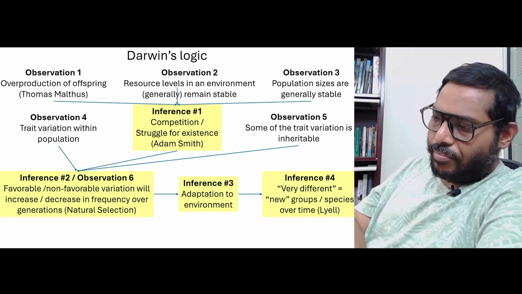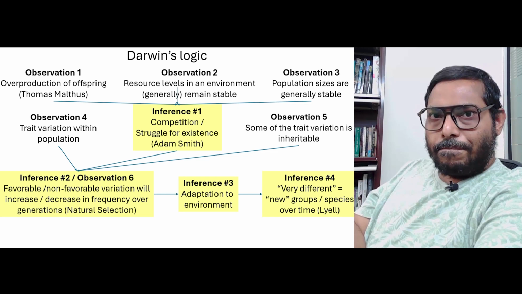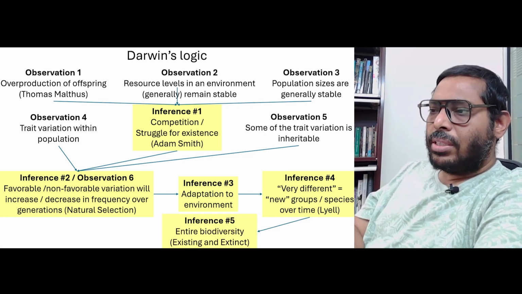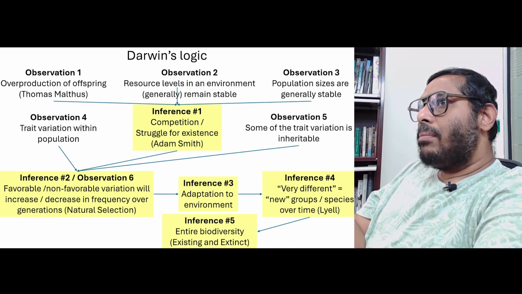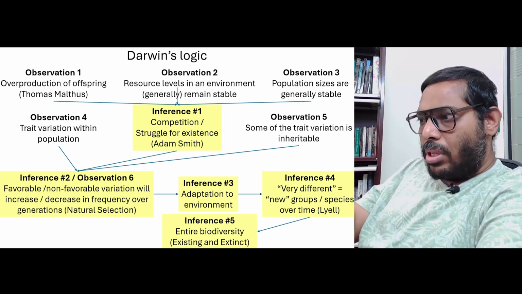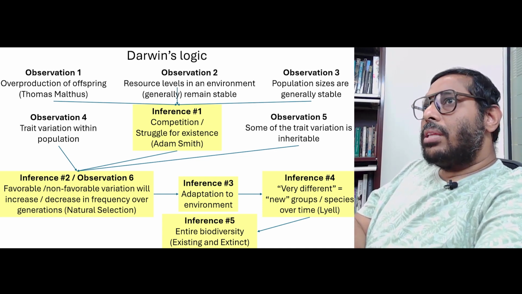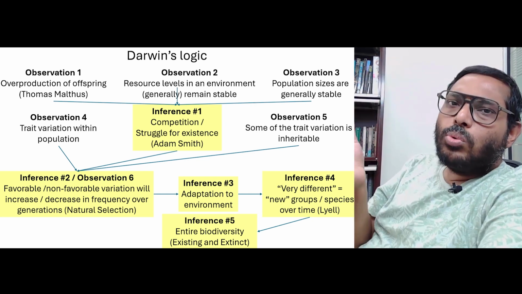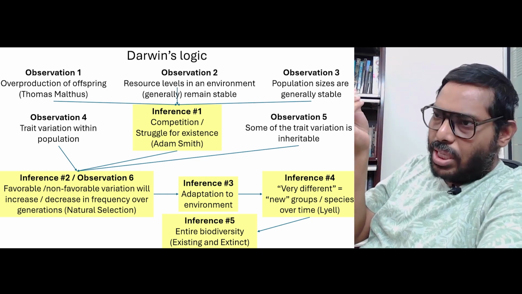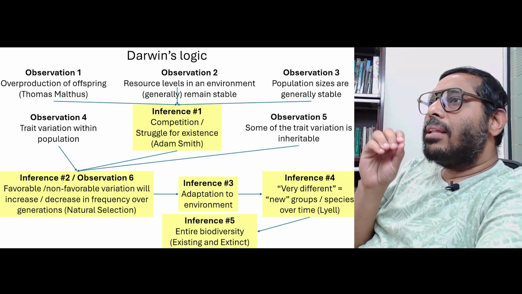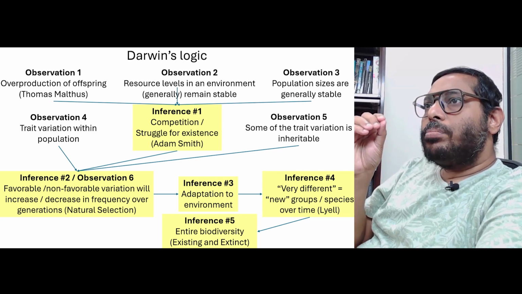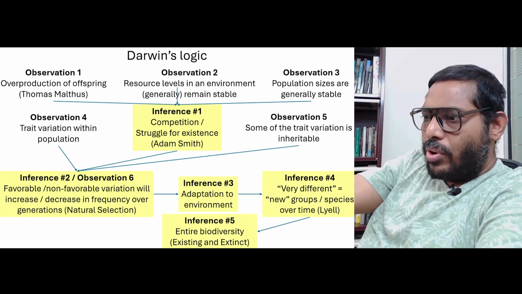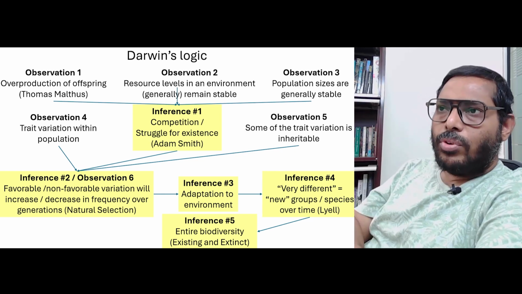and Darwin borrows that from geology and puts it in the context of formation of species. And then here comes Darwin's major fifth inference. He says that probably if we think about the entire process like this, then suppose long back we had just one or two original species, original groups, and then these original groups started changing in the way that we are talking about, the origin of new species.